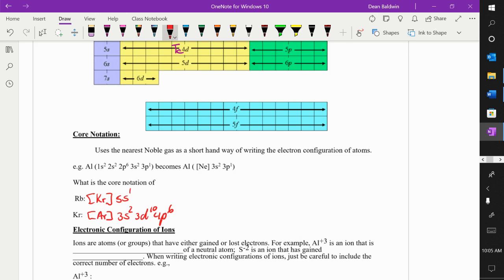Does that make sense? If you just follow that pattern, you can figure out the electron configuration of everything.